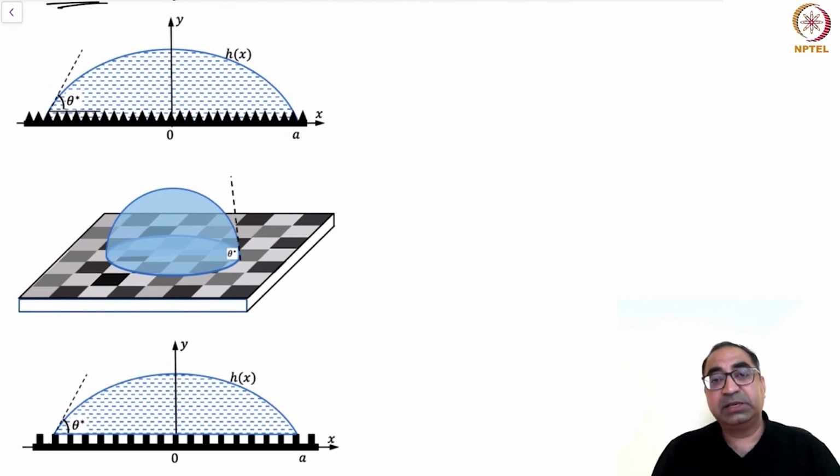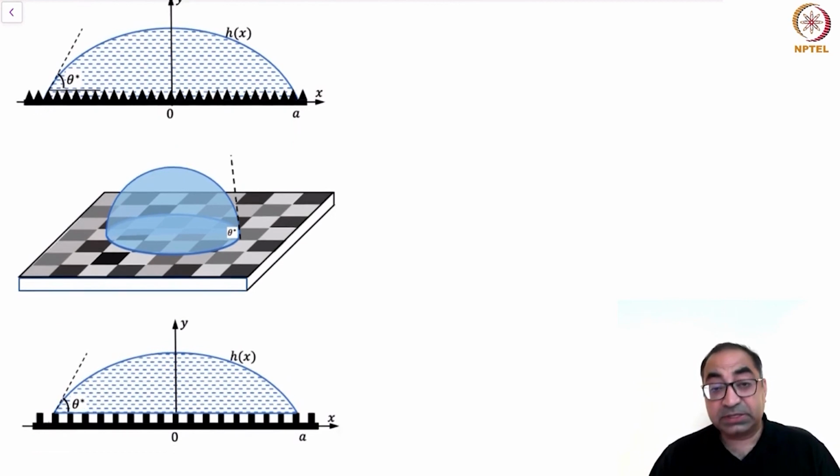You have a droplet sitting on a checkerboard pattern where each square has a slightly different color. If you notice, they have different gray scales, and each of these squares has a different surface energy, and therefore different parts of the interface or the contact line are making contact with surfaces of different surface energies. So how do we take this into account? This is a chemically heterogeneous surface.